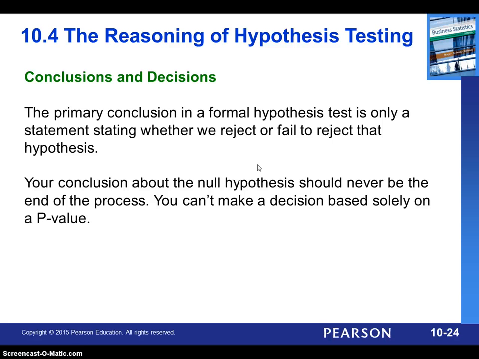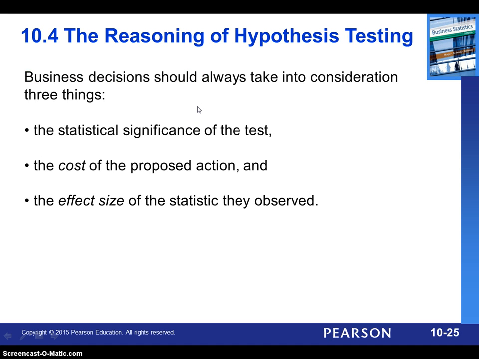So if our p-value is small enough, and we'll decide the threshold, so if it's less than 0.10 or less than 0.05 or less than 0.01, we're going to reject the null, and that means we're going to go with the alternative hypothesis, HA, whatever that might be. But the key thing to remember is p-value small, reject the null. I can't stress that enough. That's how we're going to remember this.